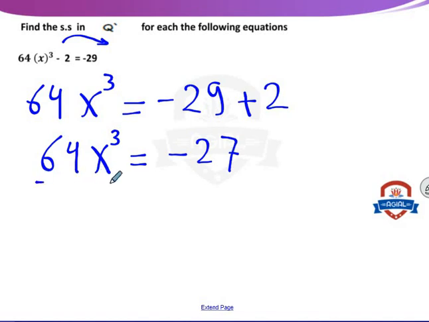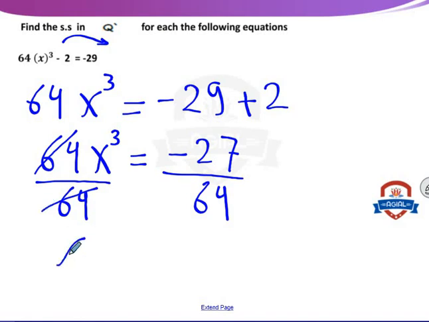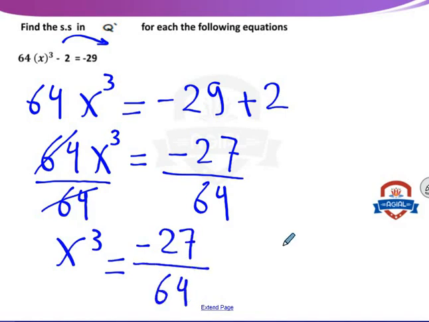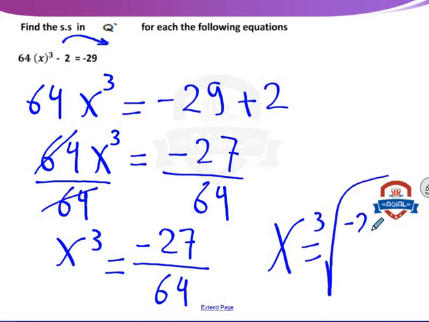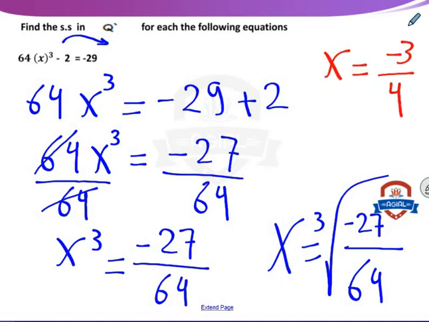So we divide by 64 on each side. So here 64 with 64, we have x to the power of 3 equals minus 27 over 64. So we will find x, the cube root of minus 27 over 64. So here x will be minus 3 over 4.